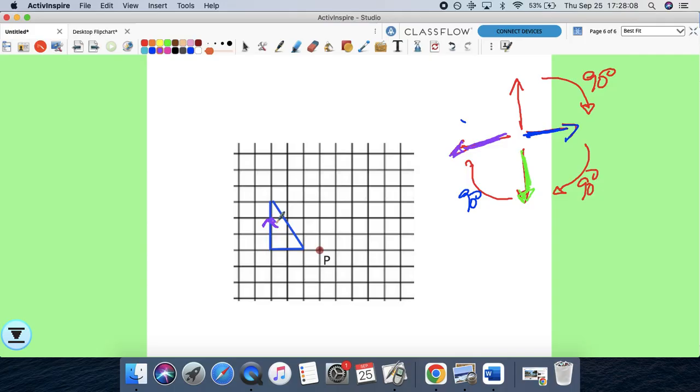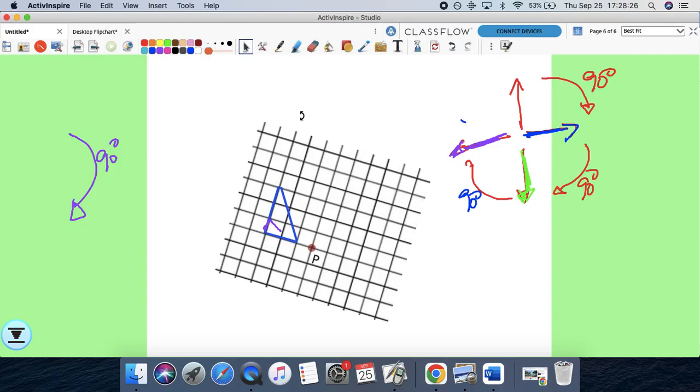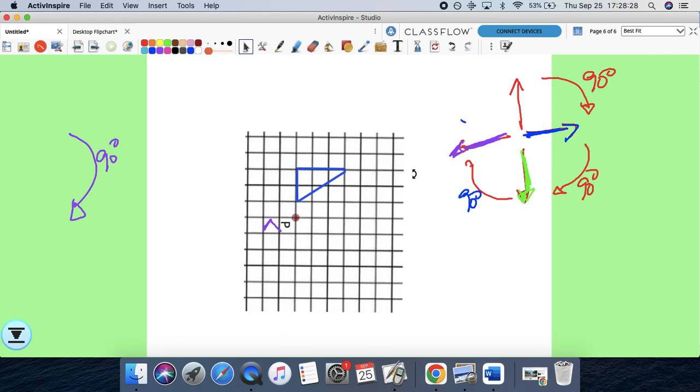So here's my arrow, and it's going to say 90 degrees clockwise. So we're rotating in this direction, 90 degrees. If the arrow is pointing up, after a 90 degree rotation it should be pointing this way, like this. So our final image is going to look like that.